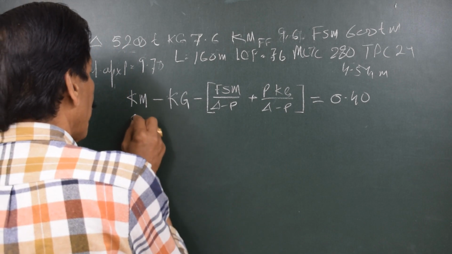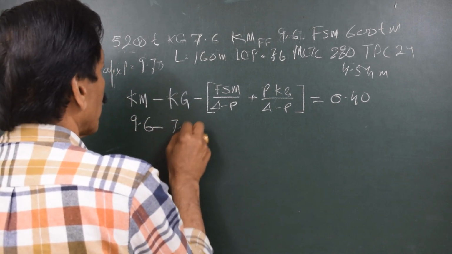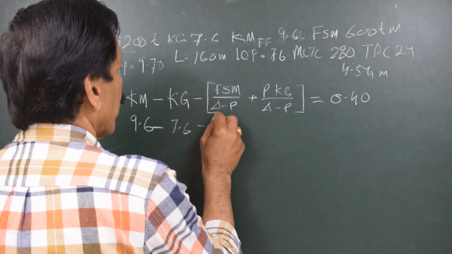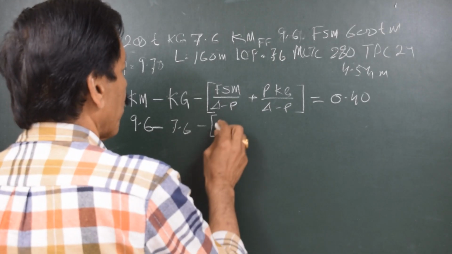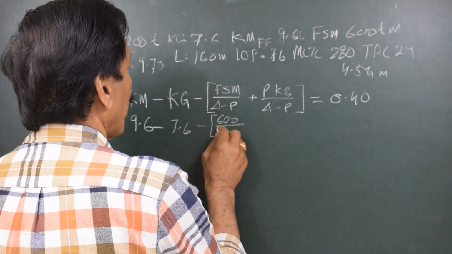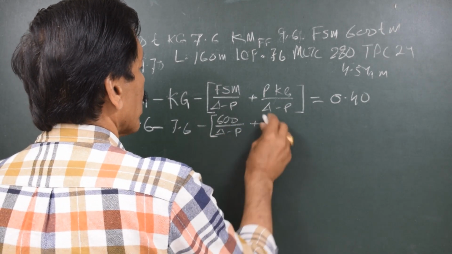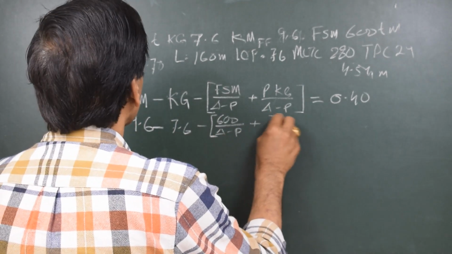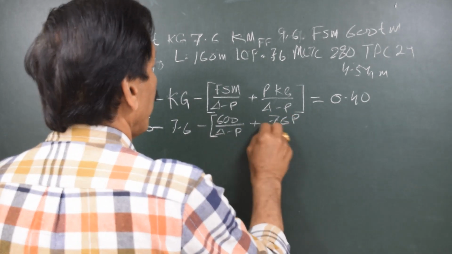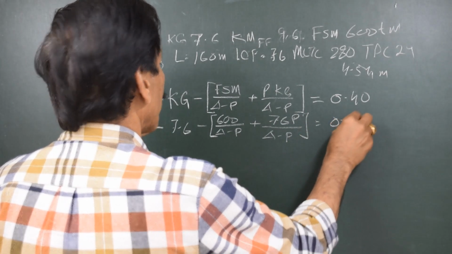So we'll take 9.6 minus 7.6, that is KG, minus free surface moment is 600 tons meter, divided by delta minus P, plus 7.6 into P divided by delta minus P equal to 0.40.